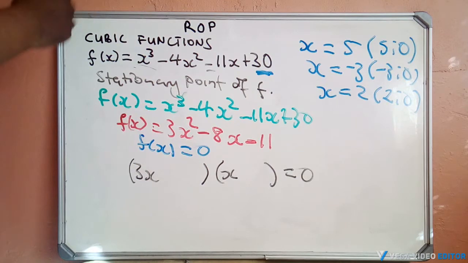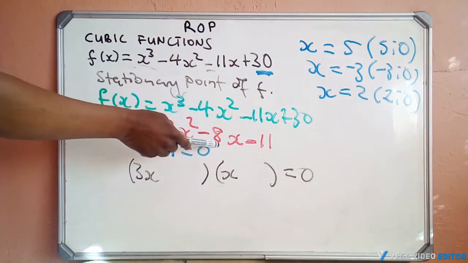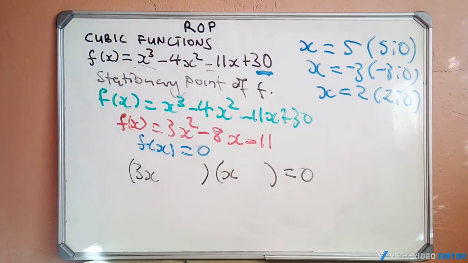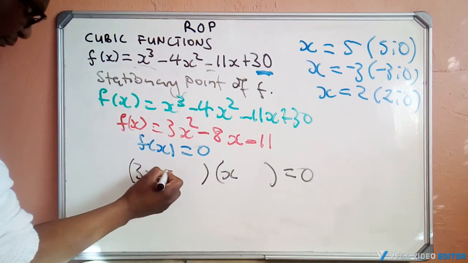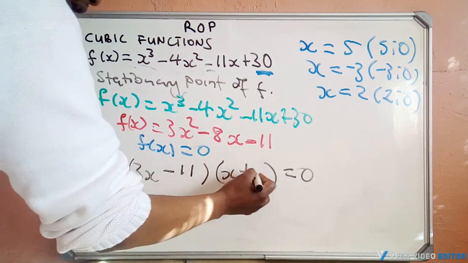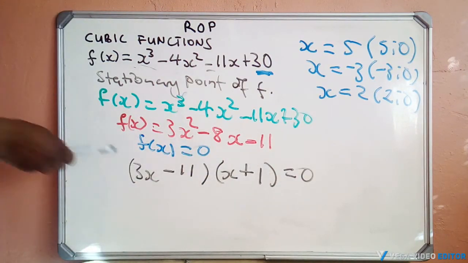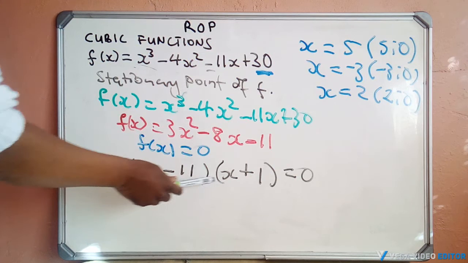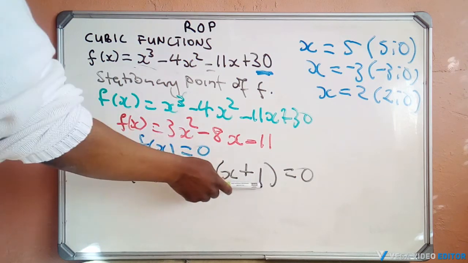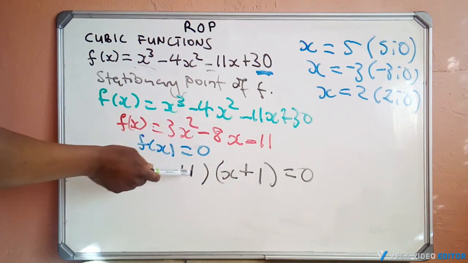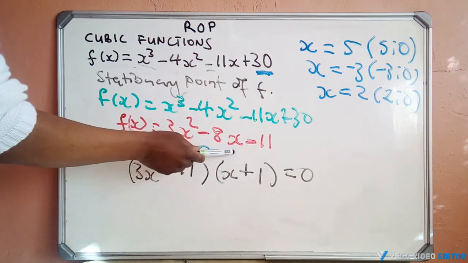But we need to rearrange them in such a way that it will give us a negative 8. So that will mean we take the 11 and pair it with 3, and the 1 will go with x. So this will be minus 11 plus 1. This is 3x times that is 3x squared, and then plus 3x minus 11x, that will give you that.